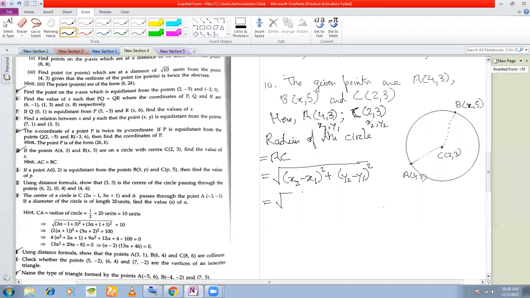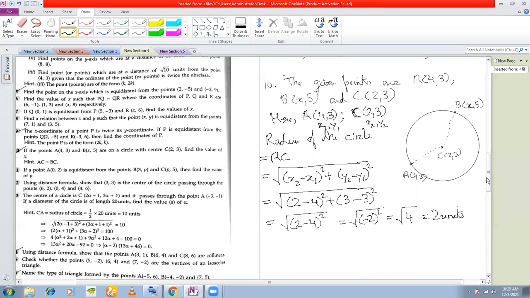So x2 here is 2, x1 here is 4, y2 here is 3, y1 here is also 3. So you're simply getting (2 minus 4) whole square, and 3 minus 3 is 0, so don't bother about that. So you have the square root of (minus 2) square, which is equal to the square root of 4, which is equal to 2 units, right? This is the radius AC.